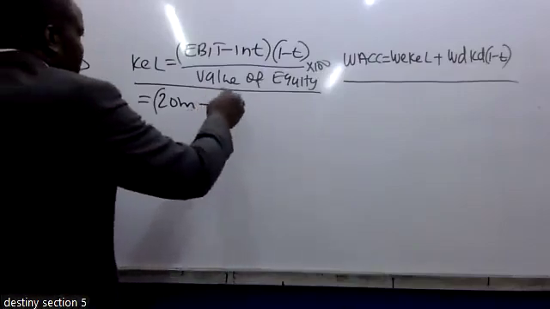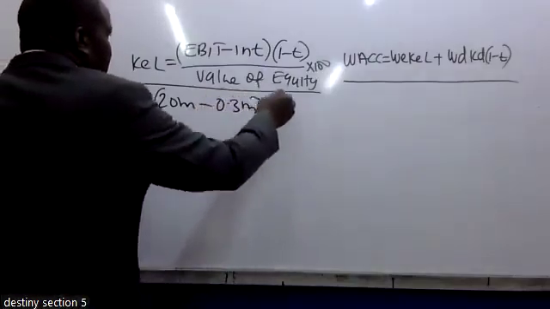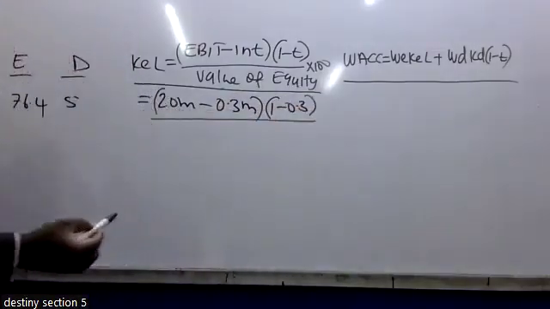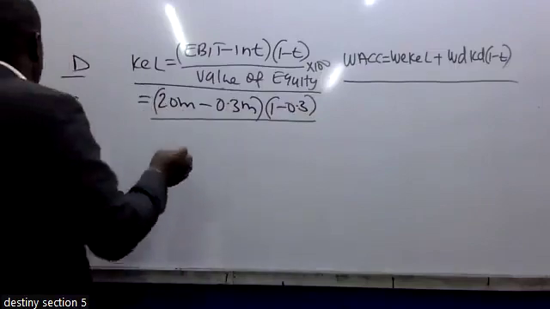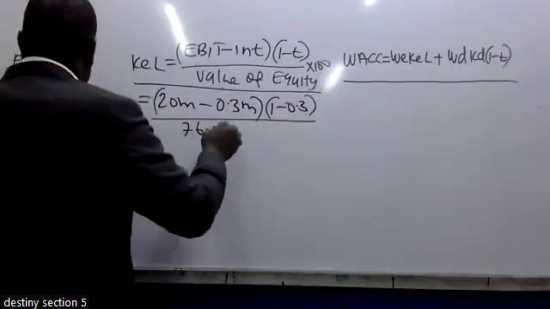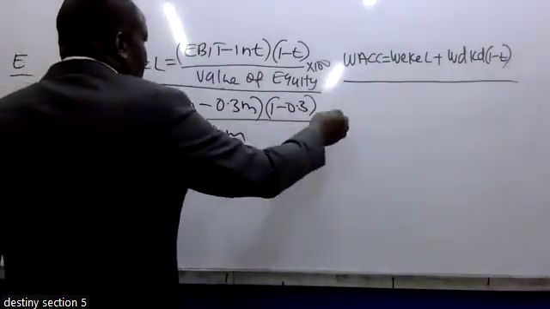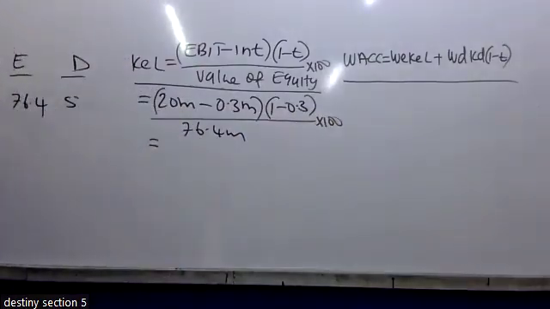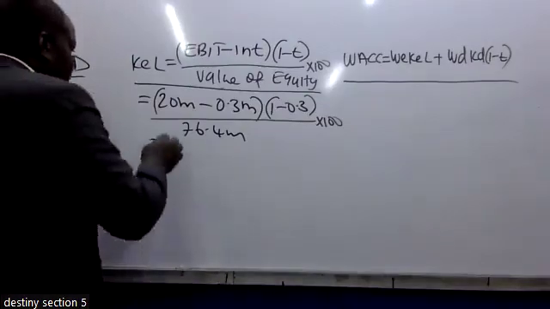Then now 1 minus 0.3. We divide by value of equity is 76.4. Then also express it as percentage. 18.05. Yes.